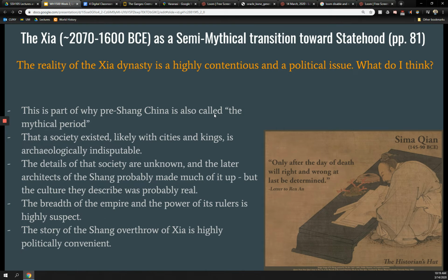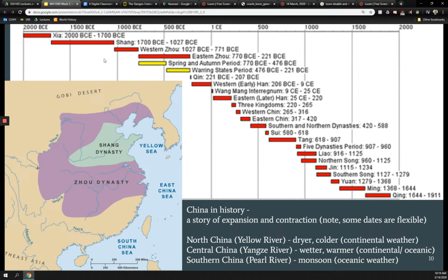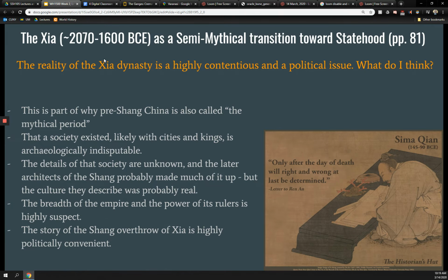The Xia are technically, if you look here, the Xia on the top left, technically the first Chinese dynasty, although it's a semi-mythical dynasty. So the Xia dynasty may or may not have existed in terms of being a dynasty, being an empire. There were people that existed during the time that the Xia dynasty supposedly existed, but the historicity, the reality of their existence, is probably quite a bit embellished by later scholars.